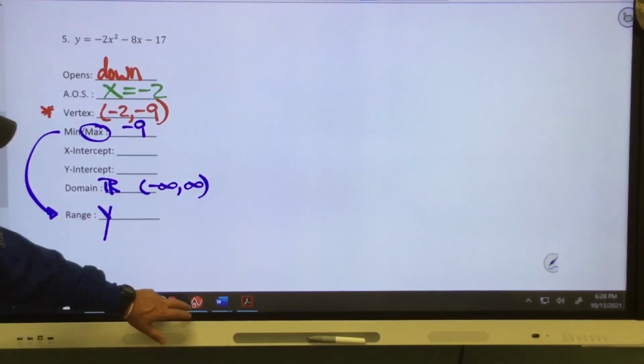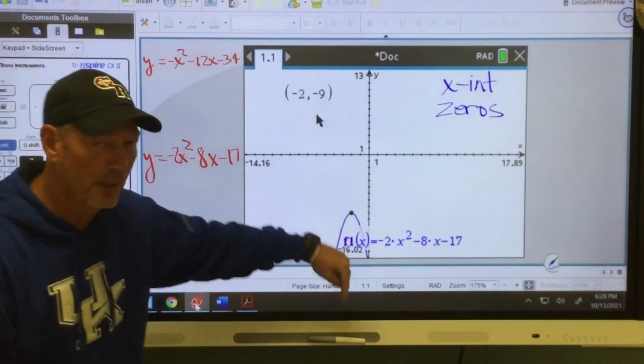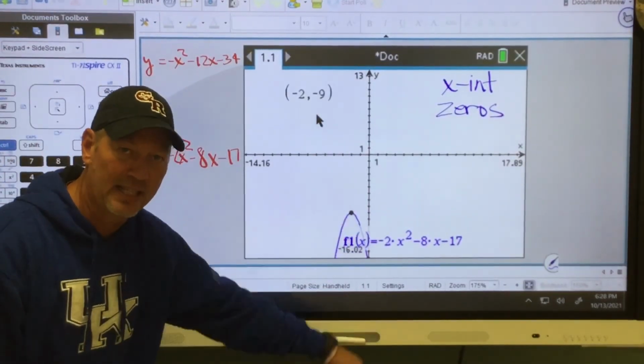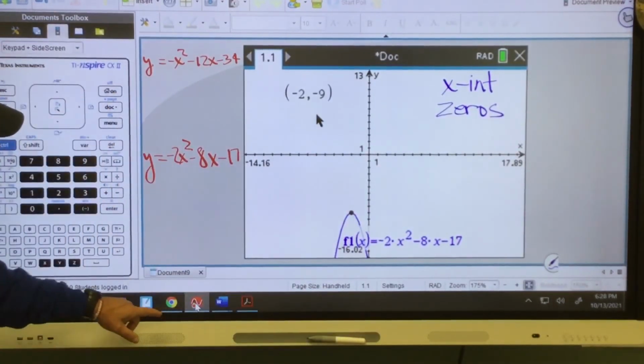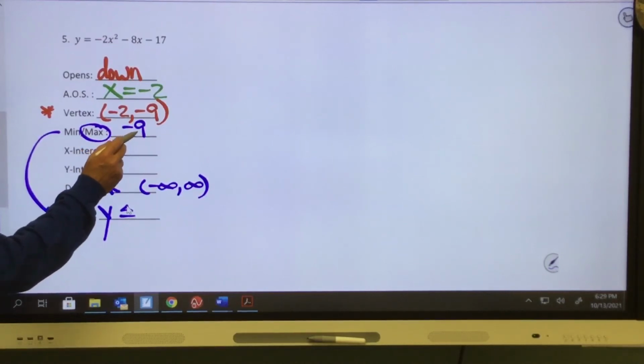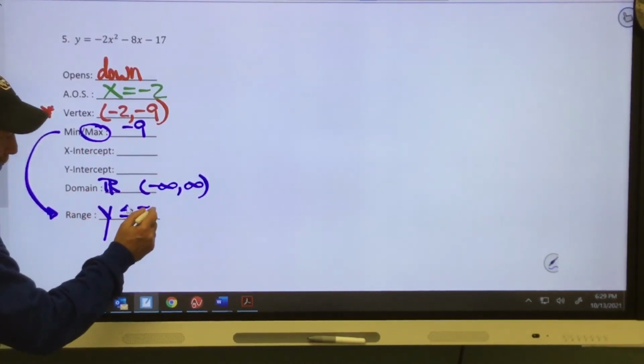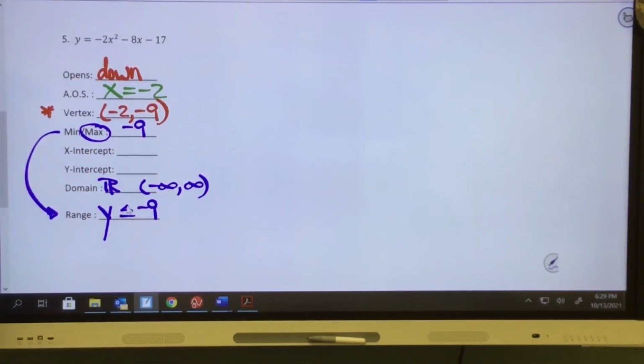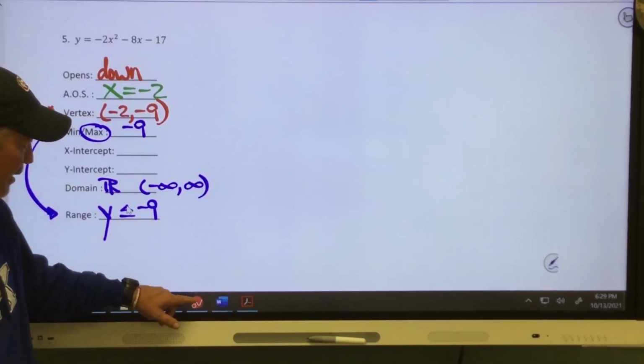Look at your graph. It's going downward. My Y values are getting lesser. So we would say my Y's are going to be less than or equal to, what is that maximum number? They're all going to be less than or equal to -9.